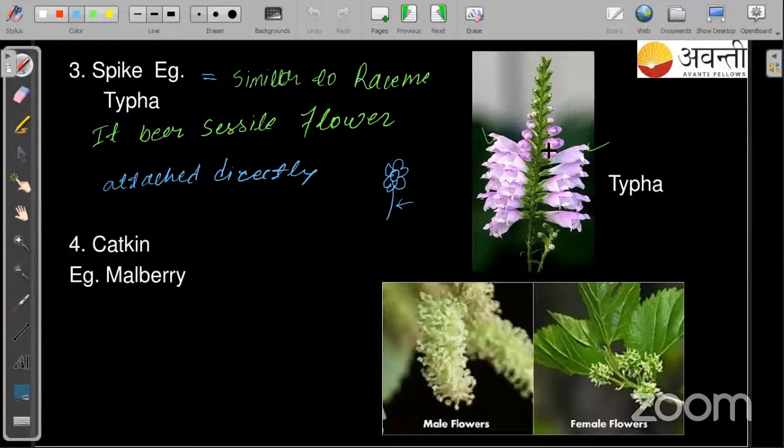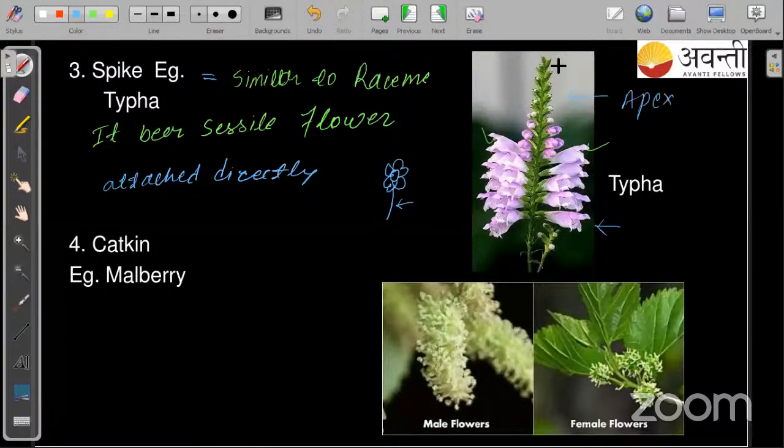This is the spike inflorescence, which is one type of racemose. In all the racemoses, you can see the acropetal structure: the big, older flowers are on the basal side, and new flower development continues toward the apex side.